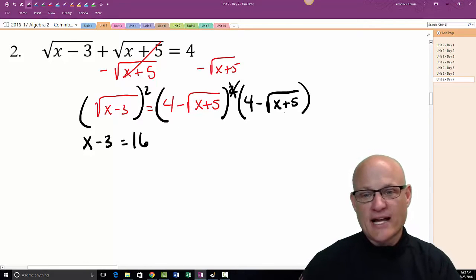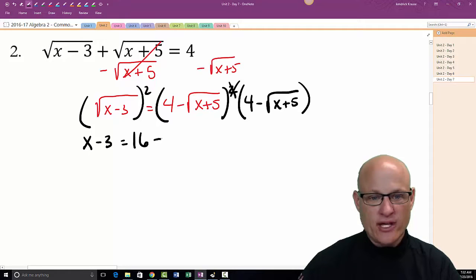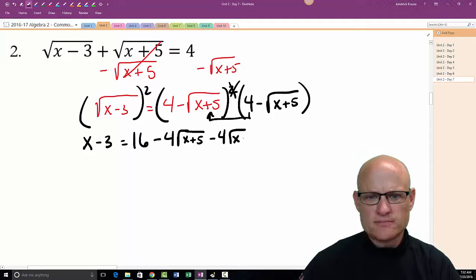And then 4 times negative that radical is negative 4 that radical. And then negative that radical times negative that radical is positive that radical squared.